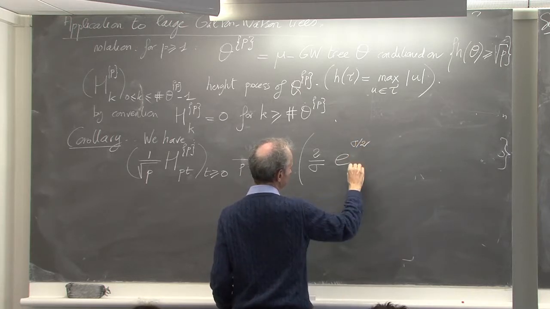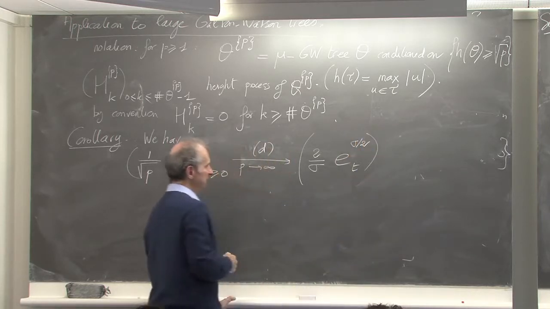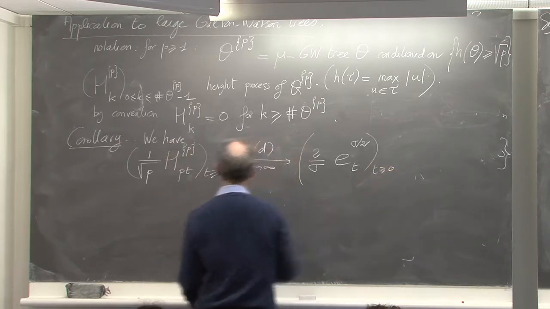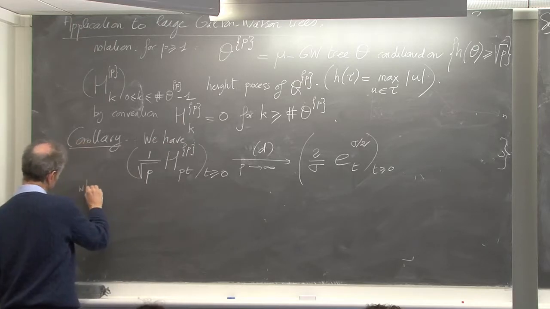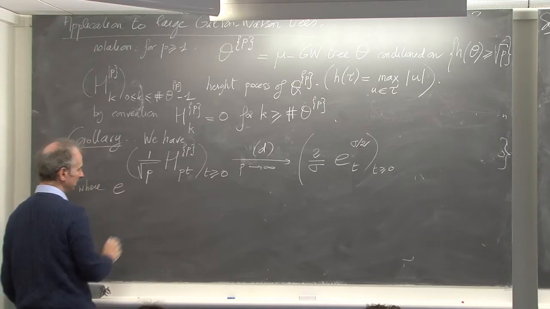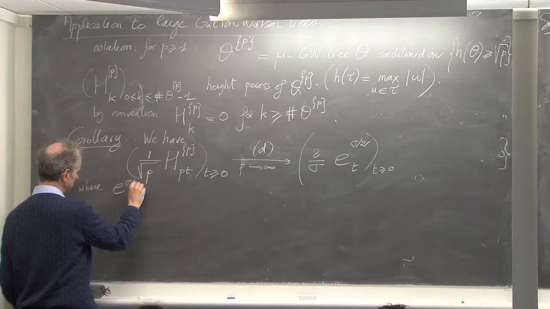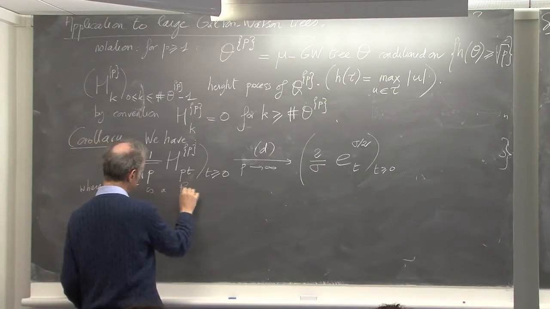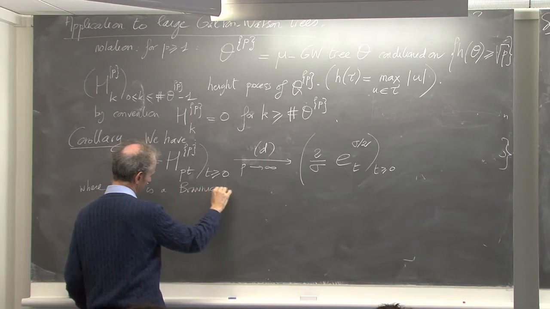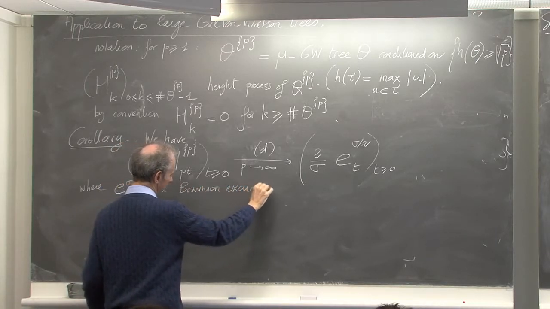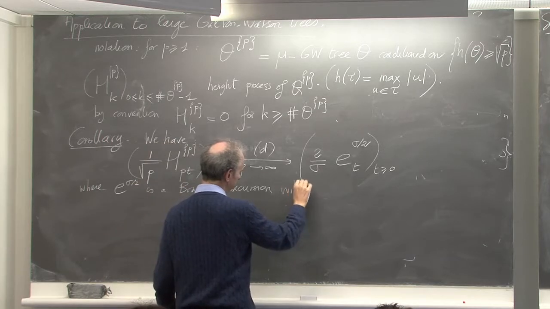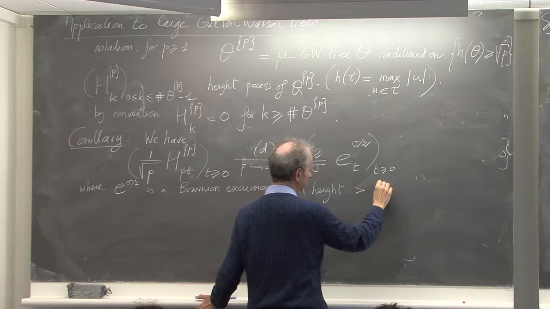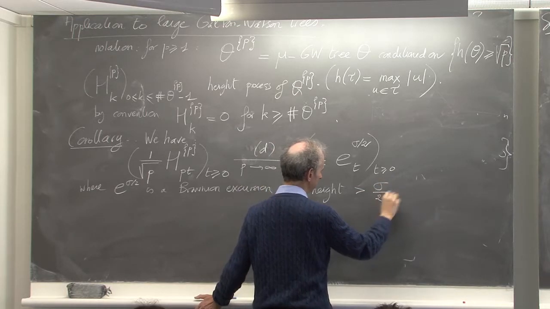I write here something like E sigma over 2 at time t, where E sigma over 2 is a Brownian excursion with height greater than sigma over 2.